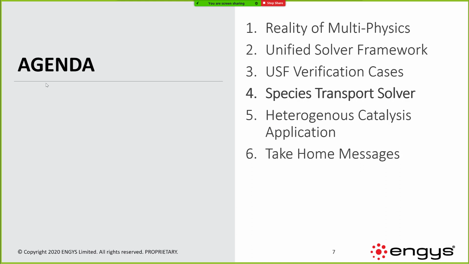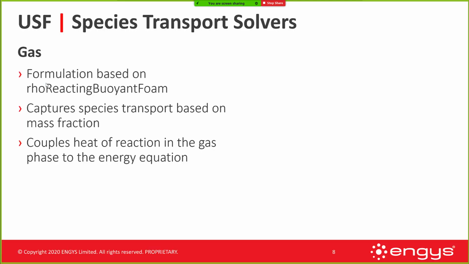All right, some of the necessary machinery that needs to be added in order to actually perform our heterogeneous catalysis application is species transport solvers. In this case, we're working with a gas, and the formulation of this gas phase transport is based loosely on rhoReactingBuoyantFoam.